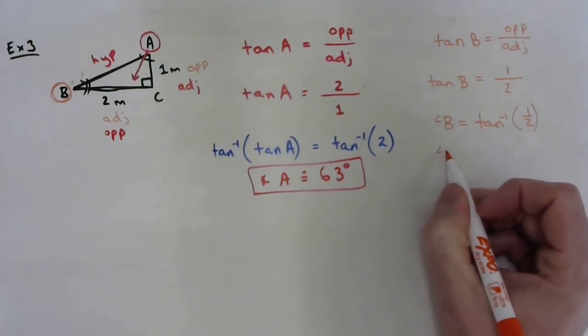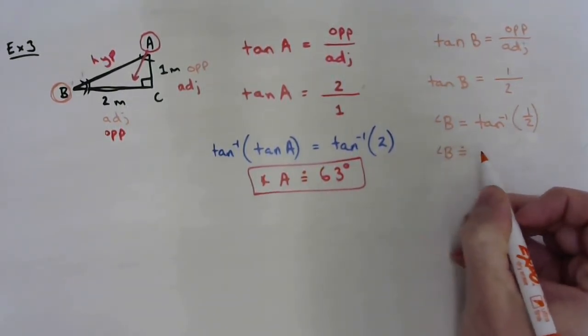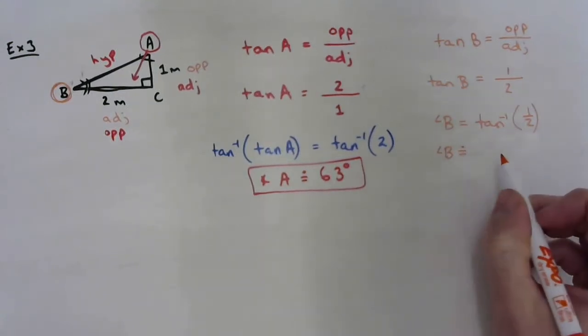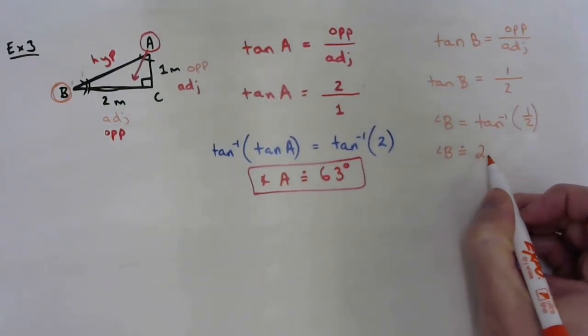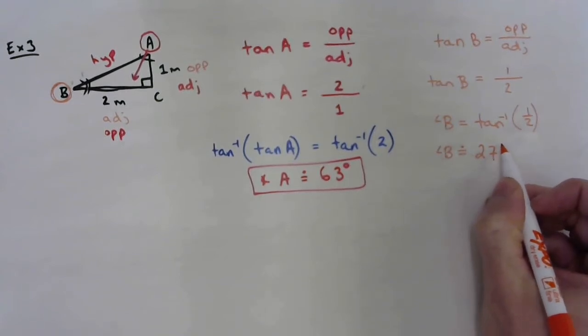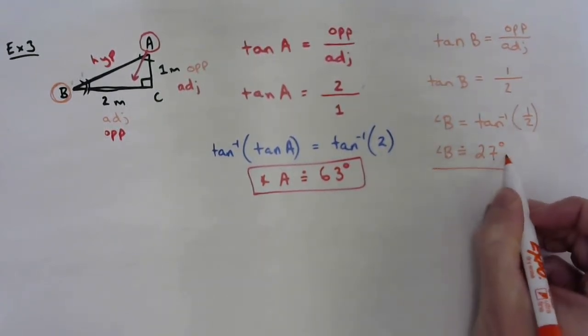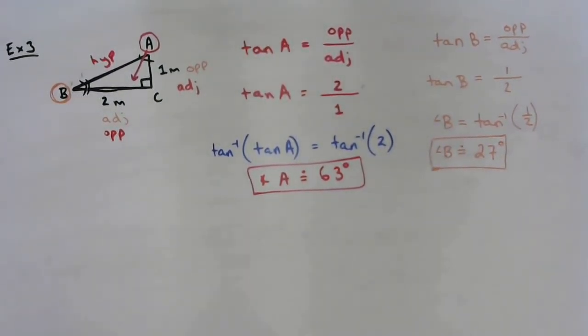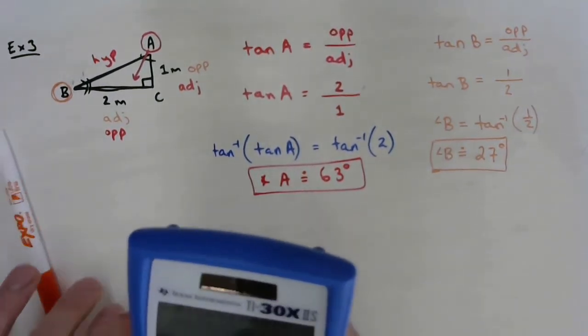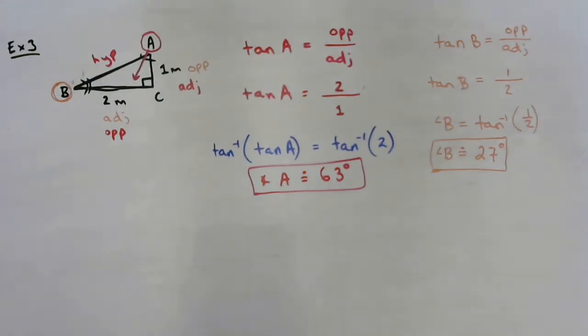And you should end up with angle B is approximately, to the nearest degree, 27. 27 what? Degrees. 27 degrees, don't forget it. If your calculator didn't do that, then it's also possible that your calculator is not set to degree mode. There are 3 ways of measuring angles on your calculator.